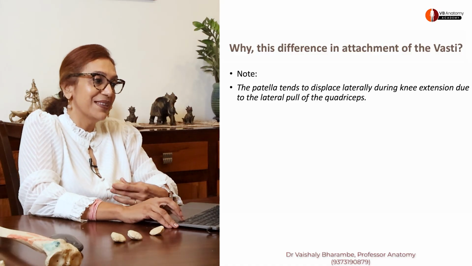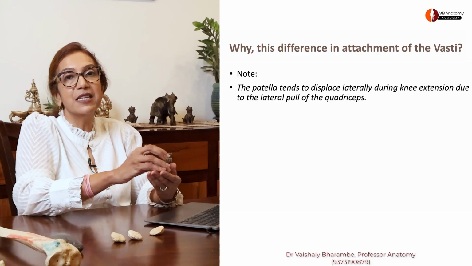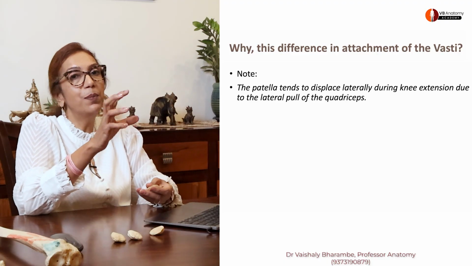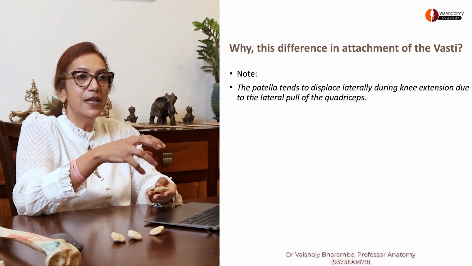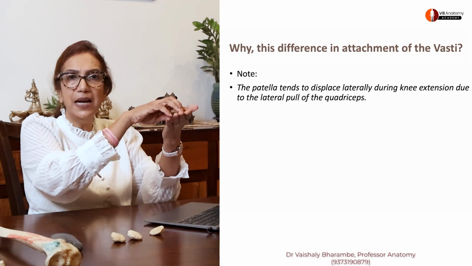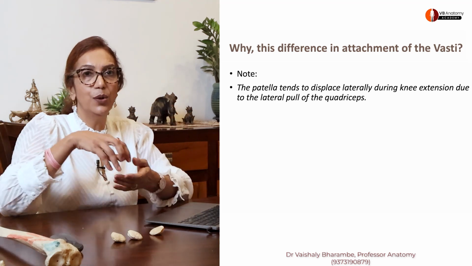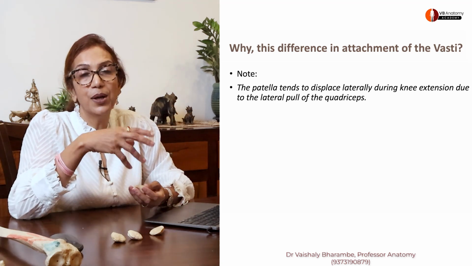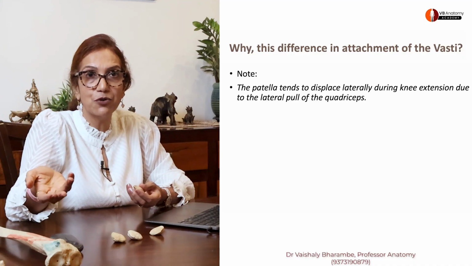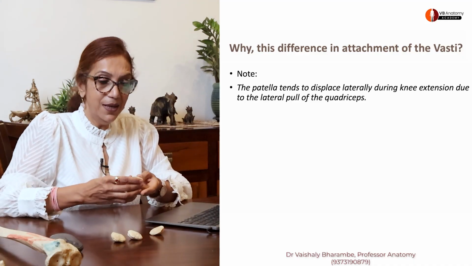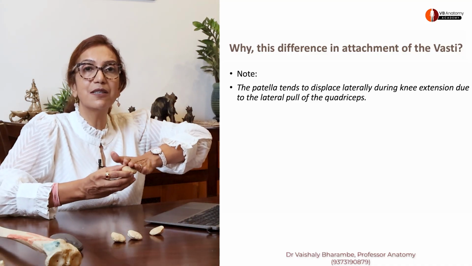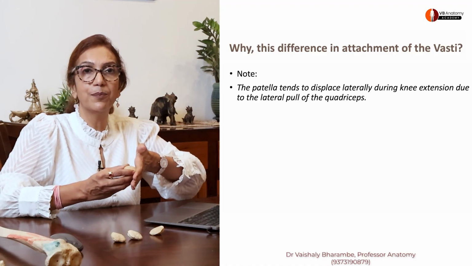Why the difference? What is going on? How does it matter? Take a look. Patella tends to get displaced laterally. That's a problem with patella. Whenever there is a pull by the quadriceps, patella tends to get pulled laterally. You don't want your patella to get subluxated or dislocated laterally. So what has the body done? It has reinforced the vastus medialis along the medial border.